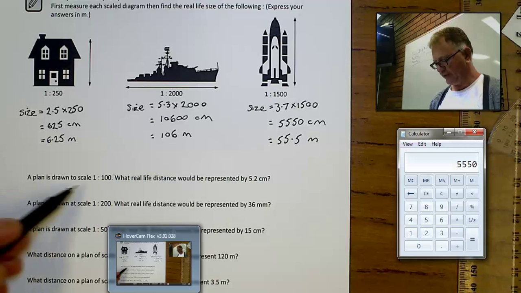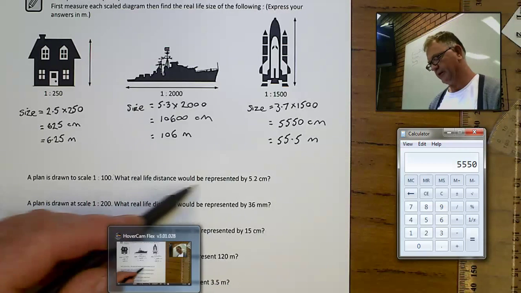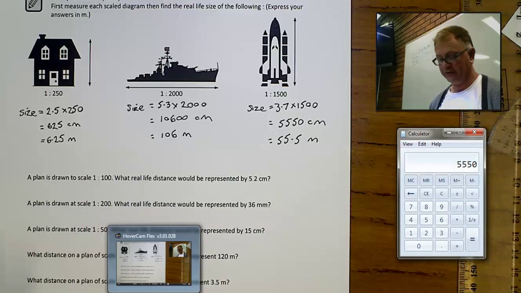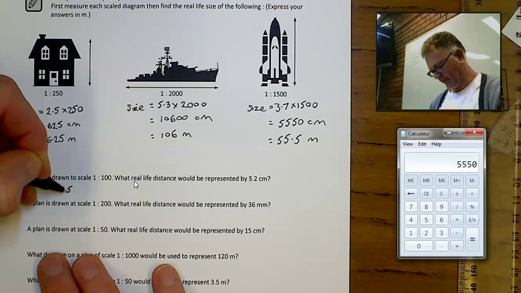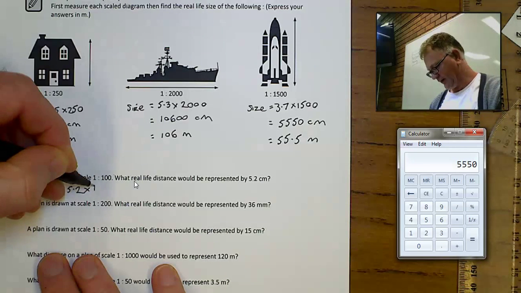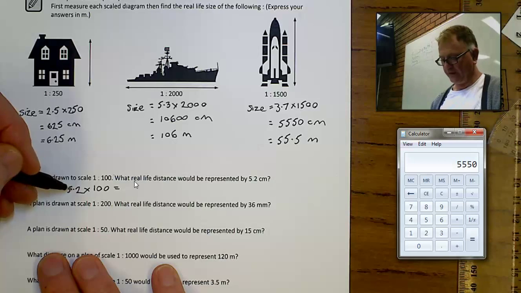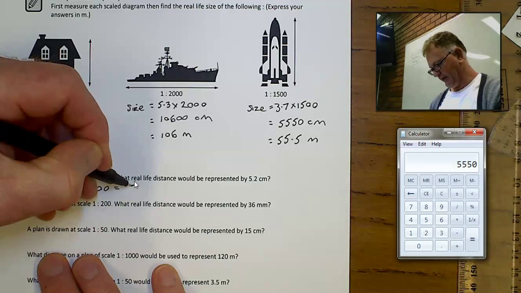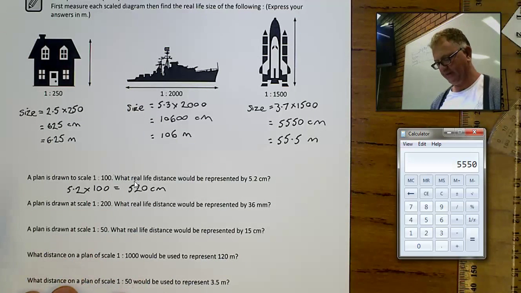Okay, similar sort of thing down here. The plan is drawn to scale 1 to 100. That means its real life size is 100 times bigger than any measurement on the map. What real life distance would be represented by 5.2 centimetres on the map? So its real life size is 100 times bigger. 5.2 times 100 equals, and if you can times the number by 100, pretty easy, 520 centimetres would be the answer.